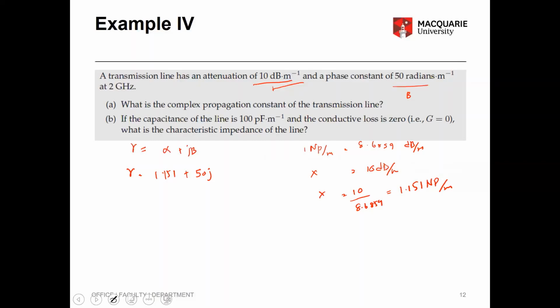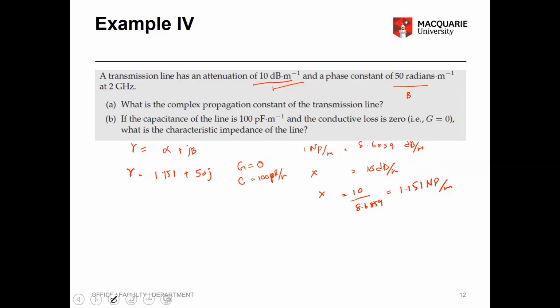If the capacitance of the line is 100 picofarad per meter and the conductive loss is 0, it's basically asking what is the characteristic impedance of the line. So G is 0 and C is 100 picofarad per meter.